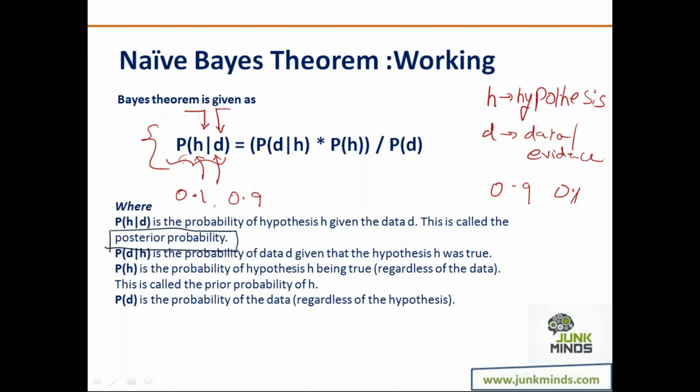Now, for calculating this, I need three things. What are the three things that I need? First is the probability of the data knowing that the hypothesis is true. Now, it is the reverse one. Suppose I tell you that it is going to rain today, based on that it has been raining for a week, it is completely dark outside, and say it is overcast. Now we'll see the reverse.